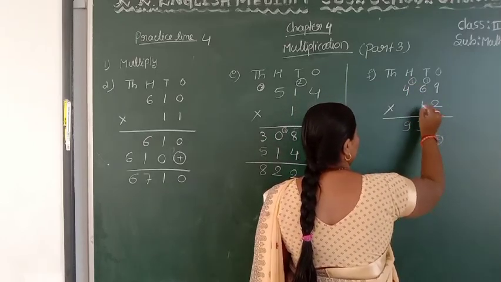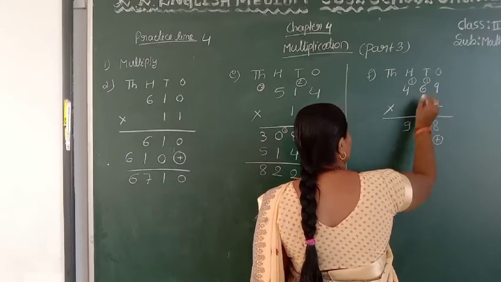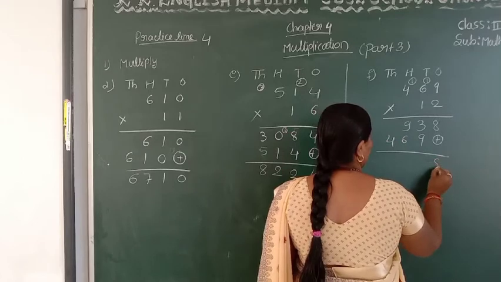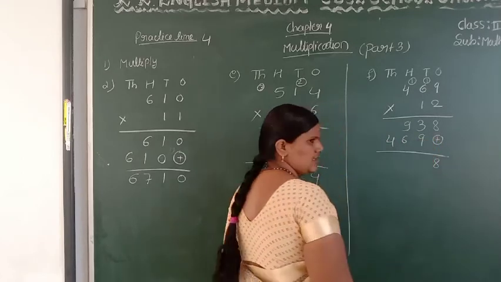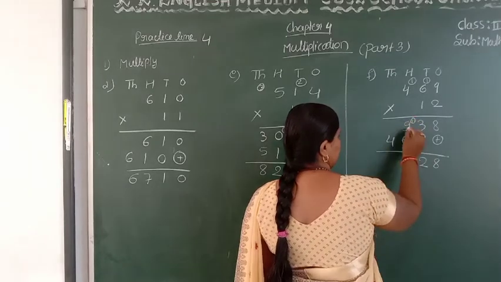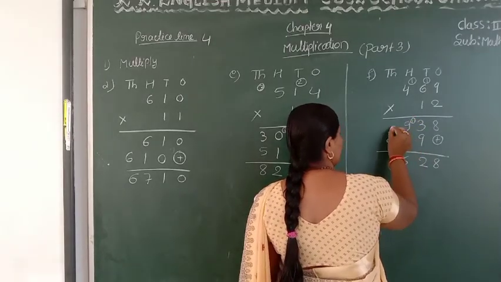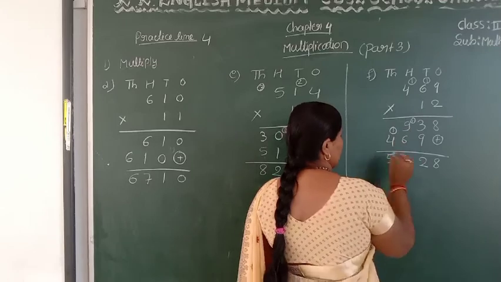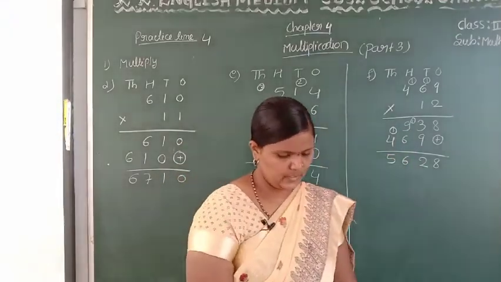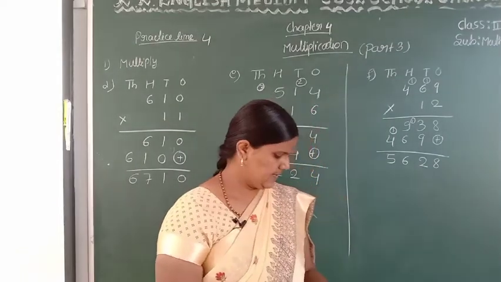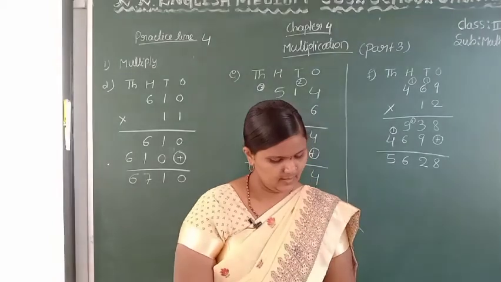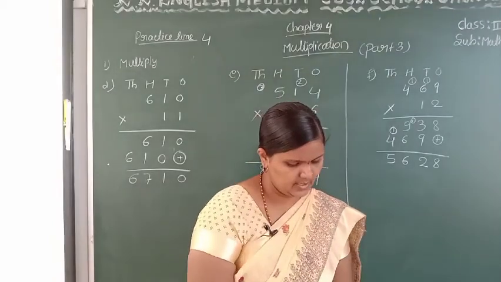Next 0, 1 into 9 is 9, 1 into 6 is 6, 1 into 4 is 4. Now write here 8. 9 plus 3 is 12, write 2 and 1 carry. 1 plus 9 is 10, 10 plus 6 is 16, write 6 and 1 carry, 1 plus 4 is 5. Answer is 5628.